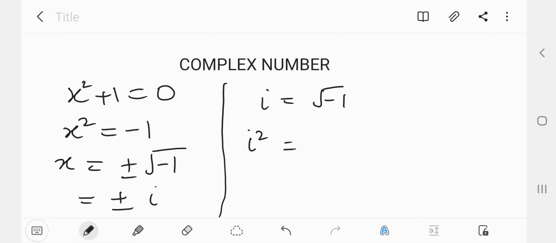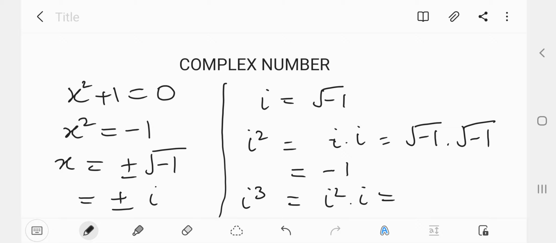The value of iota square is equal to iota into iota, which is square root of minus 1 into square root of minus 1, equal to minus 1. Then iota 3 is equal to iota square into iota, which is minus 1 into iota, equal to minus iota.